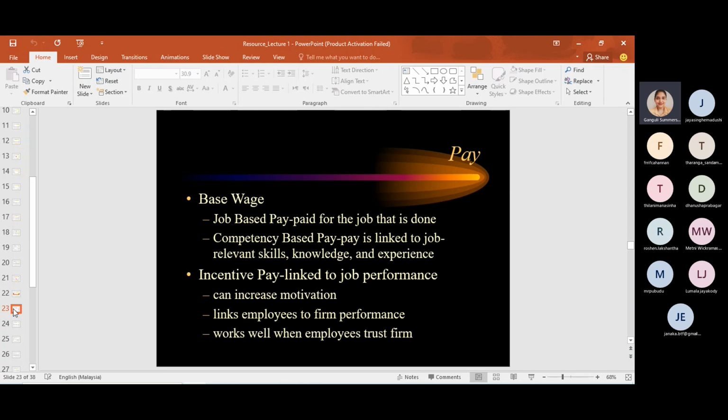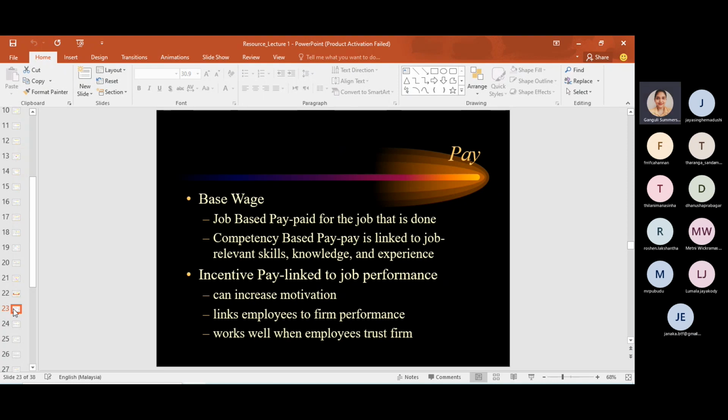Job-based pay means you are paid for the job that you are doing; your salary is based on the job. Competency-based pay means you are being paid for your skills, knowledge, and experience. Competency means your skills, knowledge, and experience. So in job-based pay, you are paid for the job, and in competency-based pay, you are paid for your skills, knowledge, and experience.